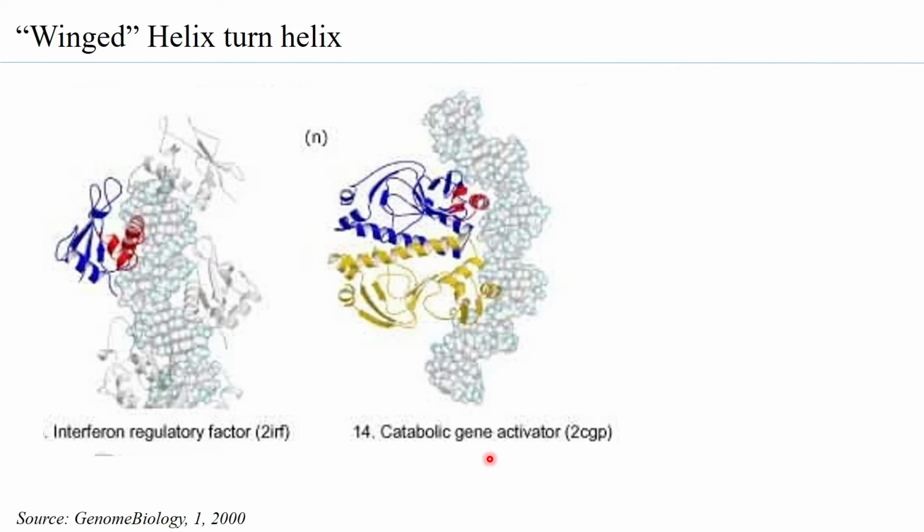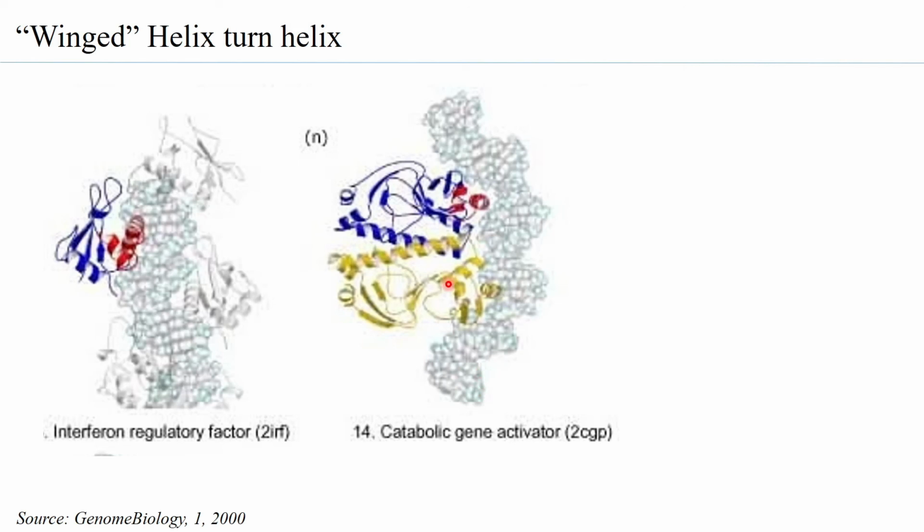CAP can bind to the CAP binding region of the DNA in the presence of cyclic AMP. So when cyclic AMP binds to CAP, CAP can bind to the DNA and recruit the RNA polymerase to carry out transcription. So it's a kind of positive modulator or activator, but only in the presence of cyclic AMP.